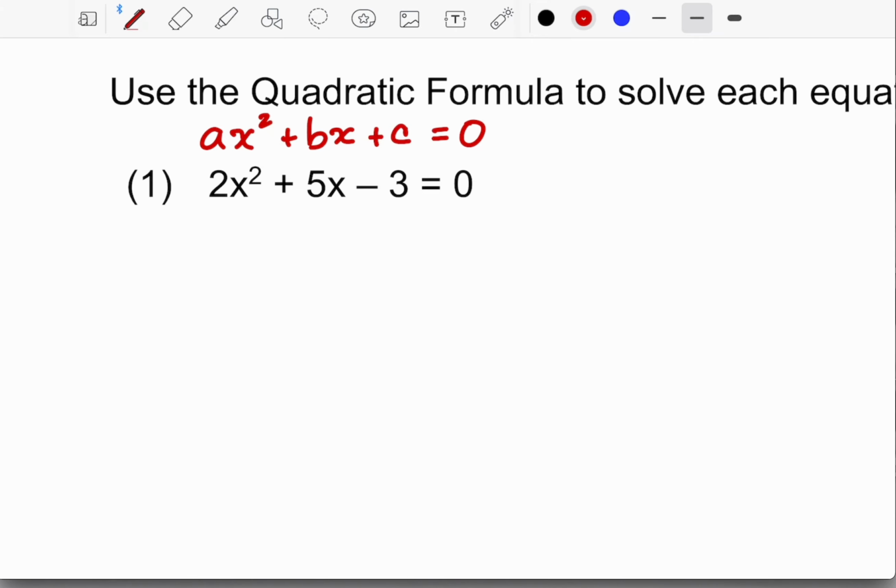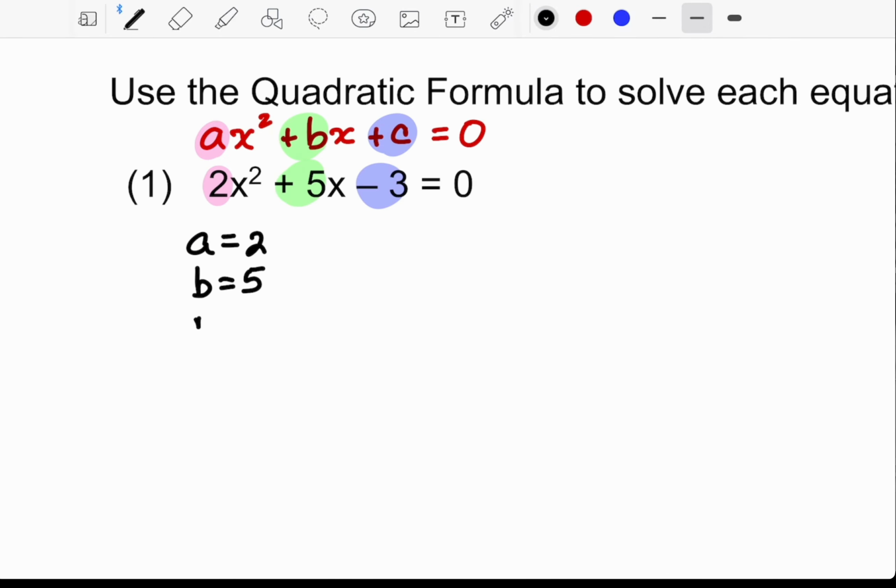Whatever the coefficient of your x squared term is your a value. Whatever the coefficient of your x term is your b value. And whatever the loose coefficient or constant is your c value. All right? So that tells me that a is equal to 2, b is equal to 5, c is equal to -3.